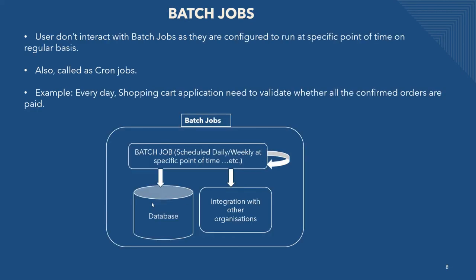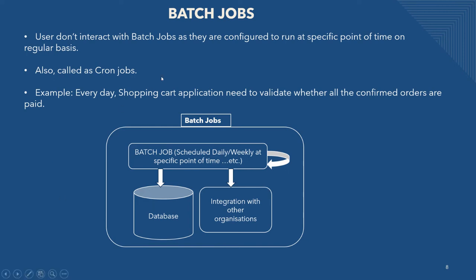The next set of applications are batch job applications. If a requirement says I want a specific batch job process to look at the new inventory every week and upload that inventory to the shopping cart website, the developer has to develop a batch job.